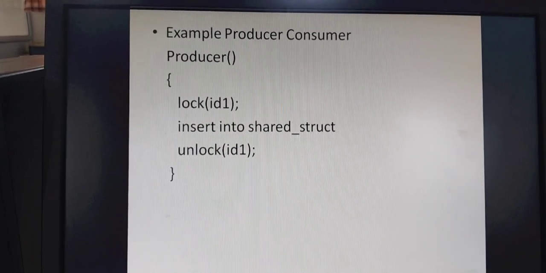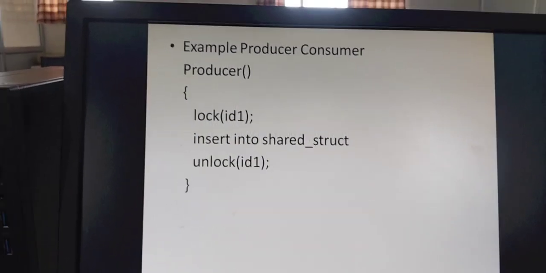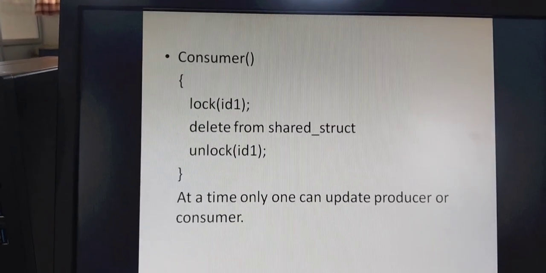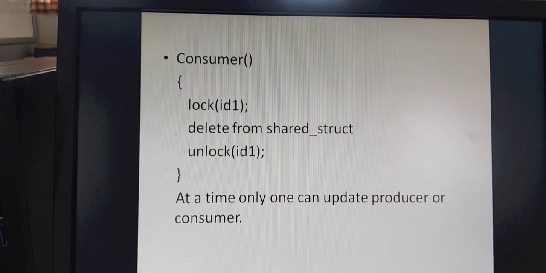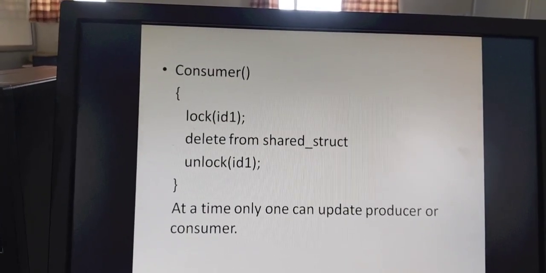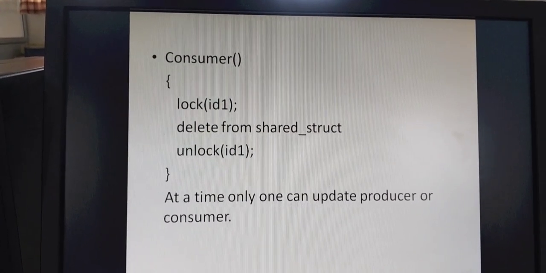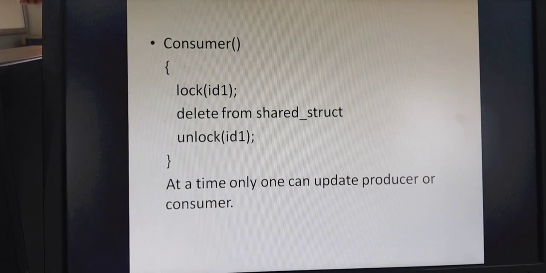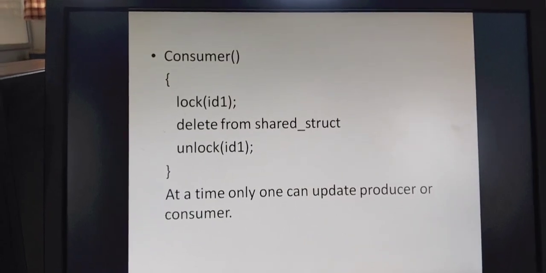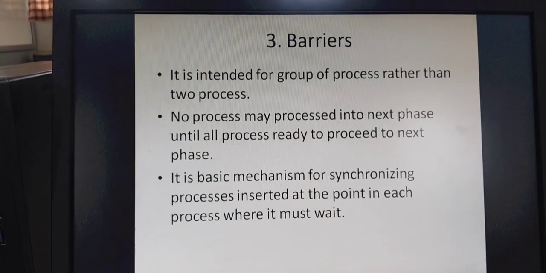After completion of the operation, unlock id 1. The second example is the consumer. If the consumer wants to consume the data, it will first lock id, delete from shared stock, and unlock id 1. So at a time only one can update, the producer or the consumer.